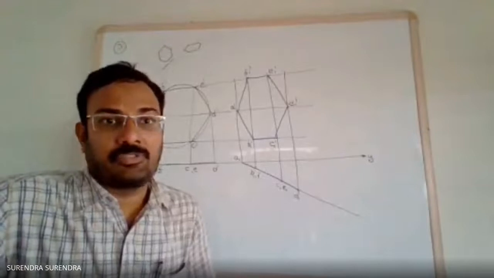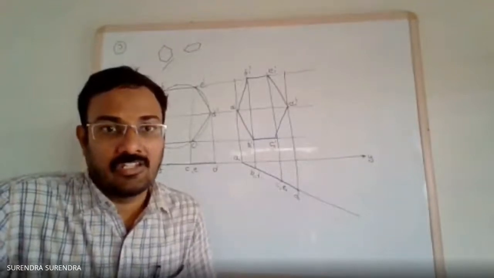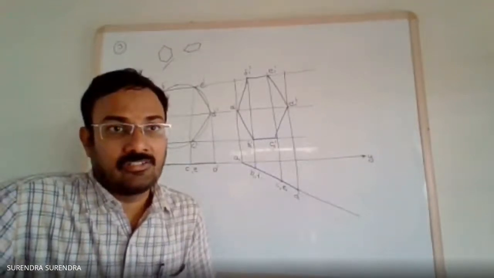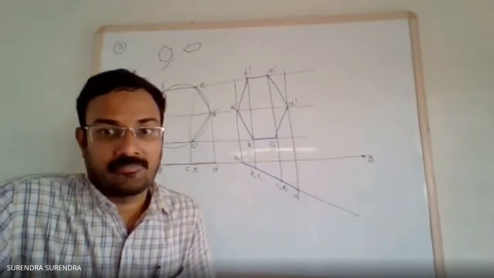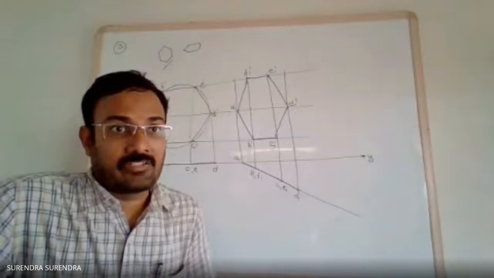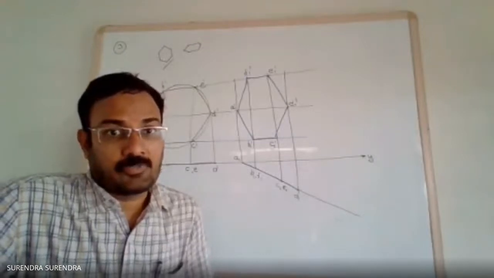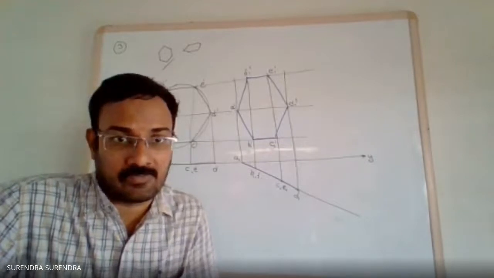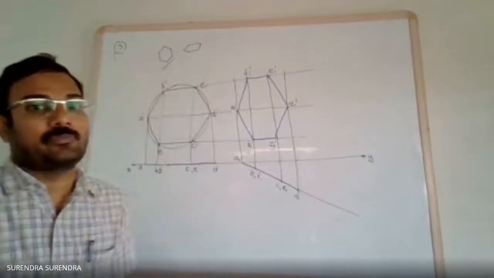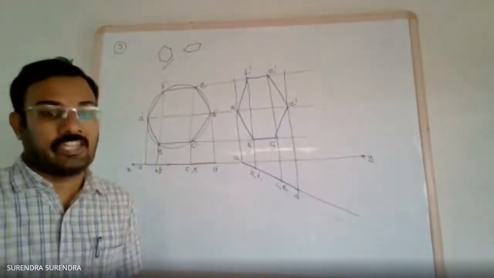If you draw everything dark with an HP pencil, you can't differentiate or identify the final projection shape. So for the figure to be neat, these projections and the construction lines must be with a 2H pencil as light as possible, and only the final projection must be drawn with HP.